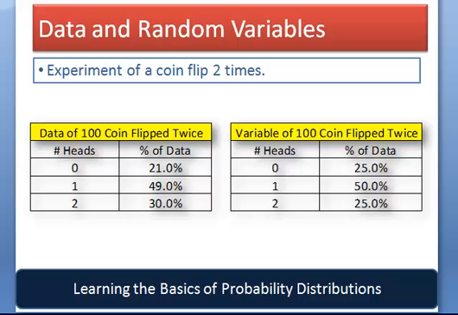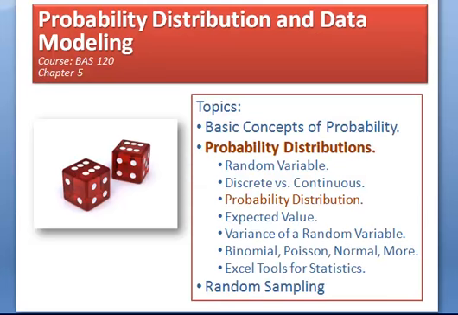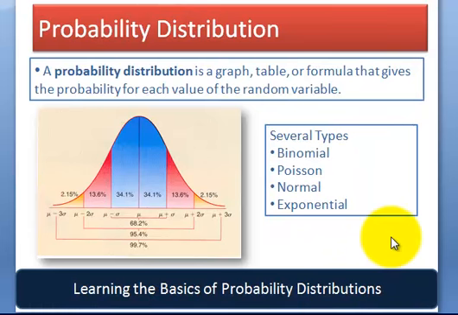We use a random variable to predict the probabilities. So we've talked about random variables, whether they're discrete or continuous. Let's talk about a probability distribution. A probability distribution is a graph or a table that gives us a probability for each value of the random variable.